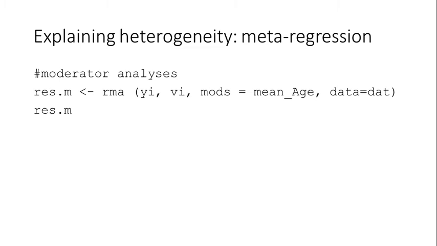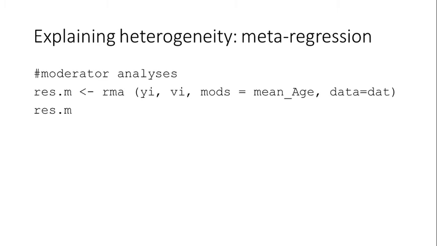But basically that will run your meta-analysis again and tell you whether mean age in each study is significantly associated with the effect size of that study, or with the variation in effect sizes across studies. Does that make sense? Yeah. And you can do all sorts of fancy things like putting in multiple moderators. Yeah, there's like a world of possibility.